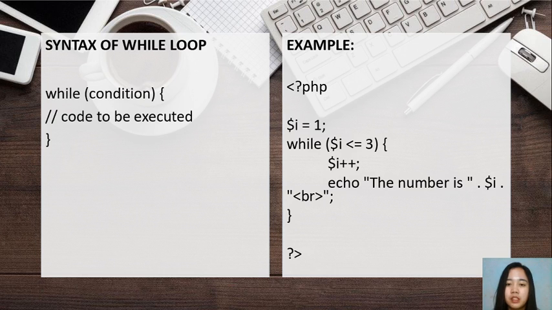While, then inside the parenthesis is the condition, then the code to be executed. The example is a variable i and its value is 1. So while the condition is variable i, which is equal to 1, 1 less than or equal to 3, if that condition is true, it will enter the code. It will execute what is inside the curly braces.